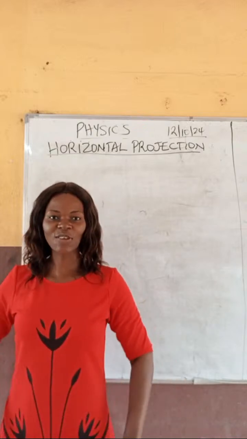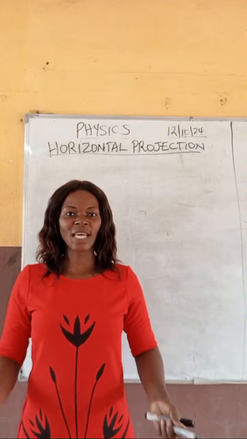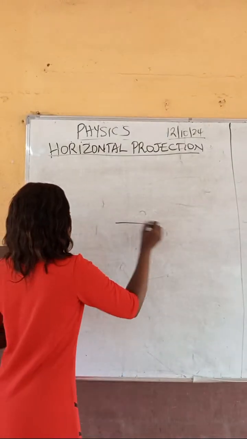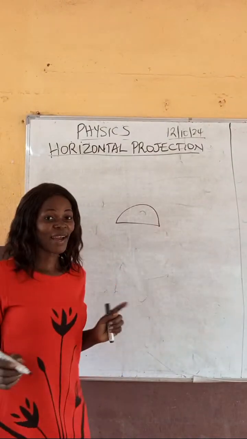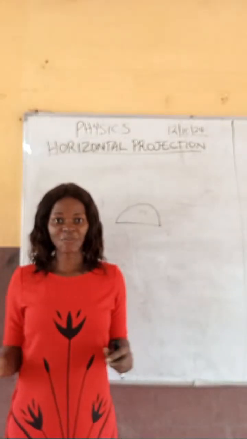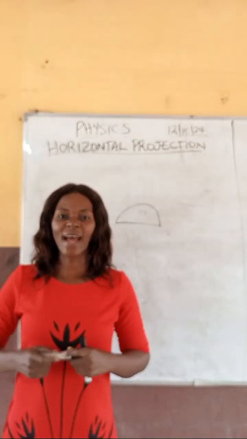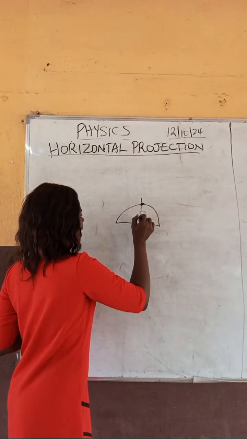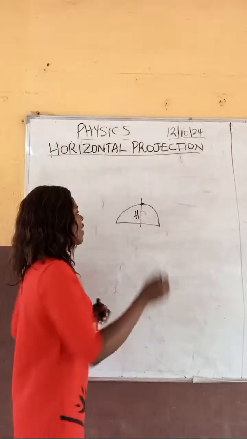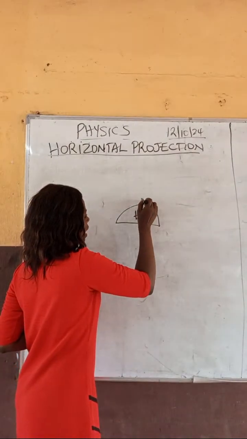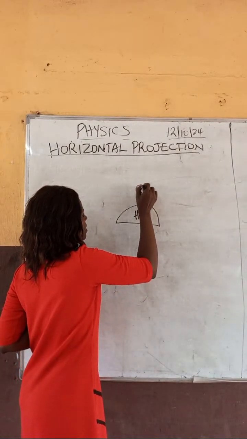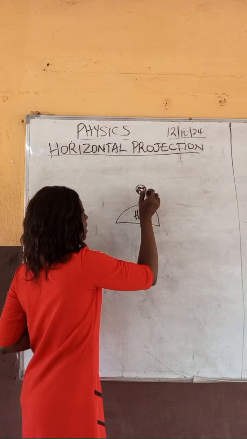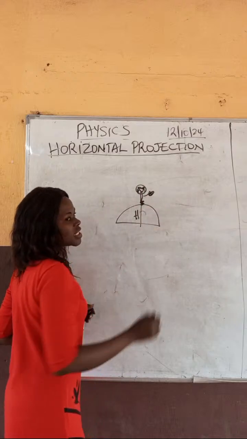Normally, as I'm standing on the ground now, if I project an object, it will move from here to here, right? That is normal projection. But if I stand on, let's assume this is a tower that has a certain height, and this is the boy standing here, and I want to project a stone.